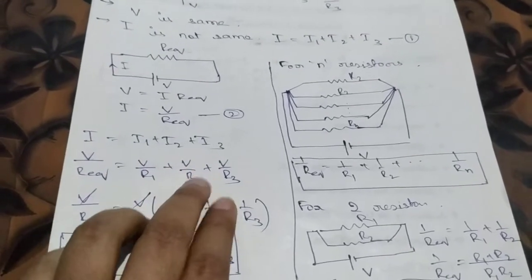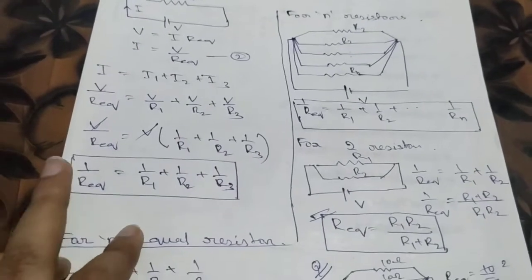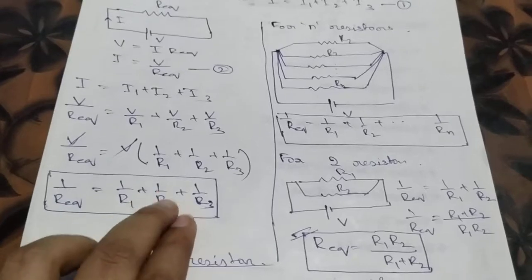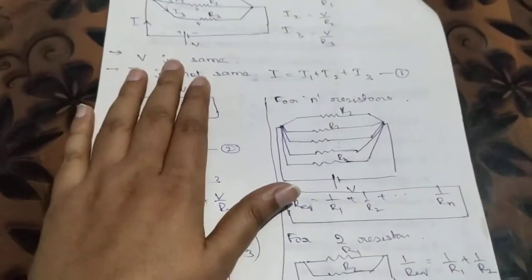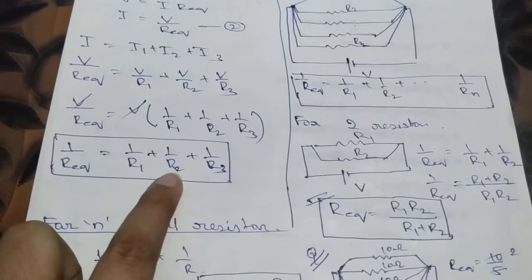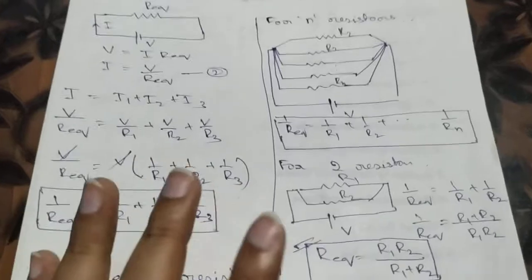V by Req is equal to V by R1 plus V by R2 plus V by R3. Now V we can cancel out. So we will get the answer 1 by Req is equal to 1 by R1 plus 1 by R2 plus 1 by R3. So whenever we see a parallel combination, the value will be this much. But whenever we see a series combination, Req will be R1 plus R2 plus R3.